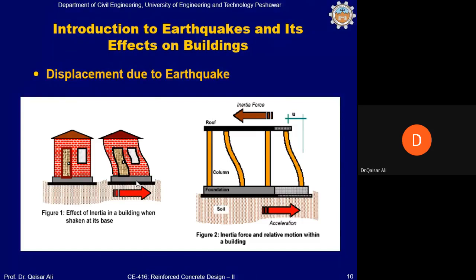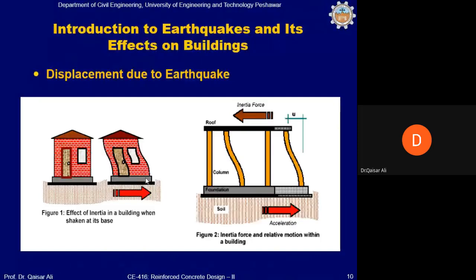When the foundation moves together with the ground, the foundation is attached to the upper part of the structure, so the upper part of the structure should also move along with it. If the upper part of the structure had moved along with the foundation, there would have been no stresses induced in the structure. But as you know, the upper part of the structure, due to inertia, cannot move along with the foundation. So this would induce stresses in the upper part of the structure.